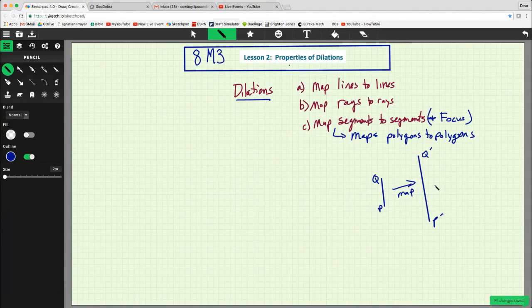This would be a growth. Then by definition, it could map a triangle, if those were the same size.